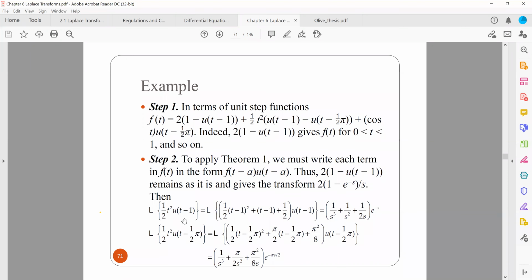So you should be able to convince yourself that what is in this bracket is actually equal to t squared. We're just putting it in this format to make it easy for us to do the Laplace transform using the known transforms that we have.